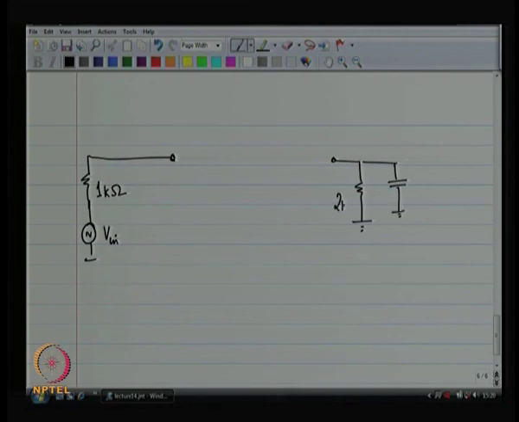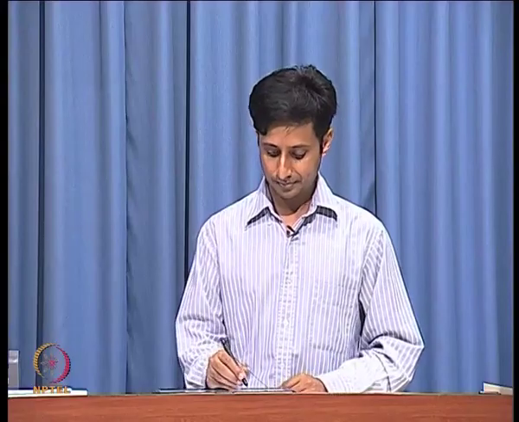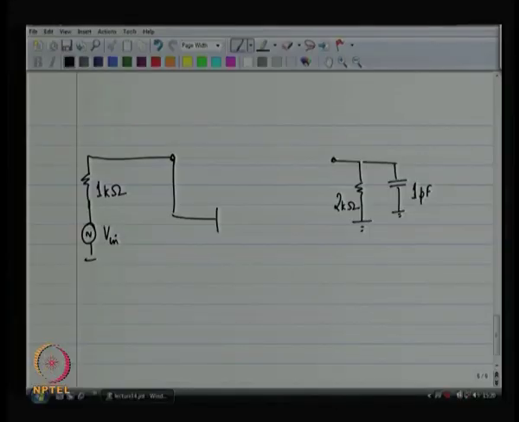My load is 2 kilo ohms in shunt with 1 picofarad. Okay, and I am planning to design this amplifier. So, as a first cut to the amplifier, that is going to be my first example. Right, this is my plan, and I want to estimate the bandwidth of this amplifier.